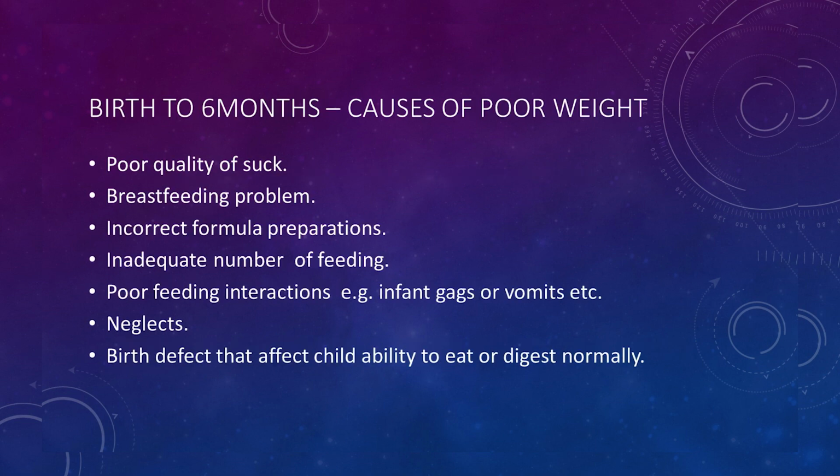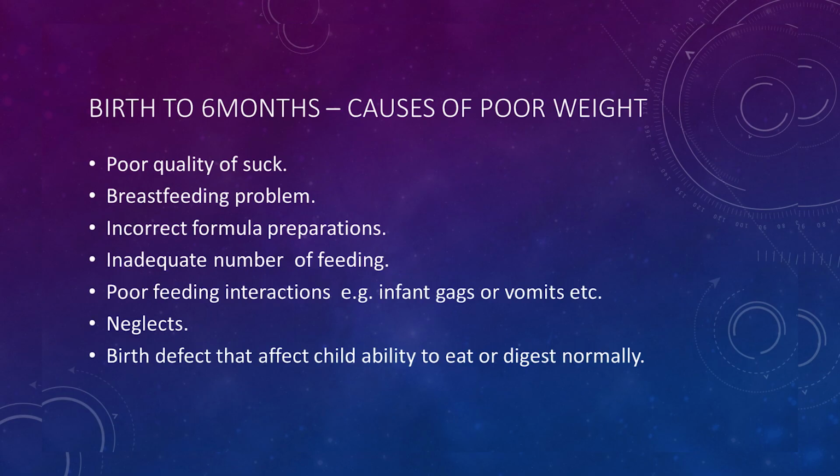After that, the baby is born. From birth to 6 months, the causes of poor weight gain. Now, poor quality of suck: the baby is born but not able to suck the mother's milk properly. So the quality of suck is not good, and that again causes an underweight baby.